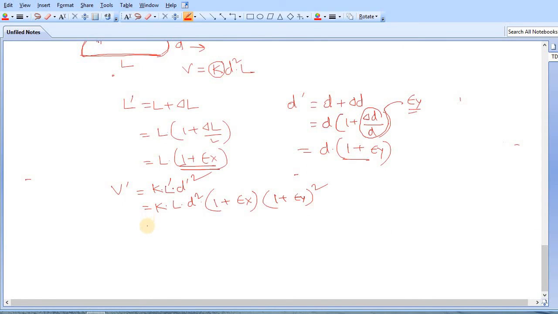Again if you simplify this, neglecting all the higher powers, I am not repeating the same, you will get the new volume as K L D square times 1 plus epsilon x plus 2 epsilon y. So what is the unit volume change? To get the unit volume change, simply take delta V by V, and you will get the unit volume change.